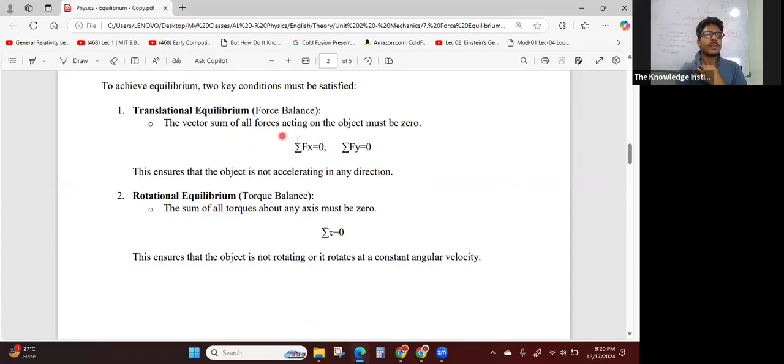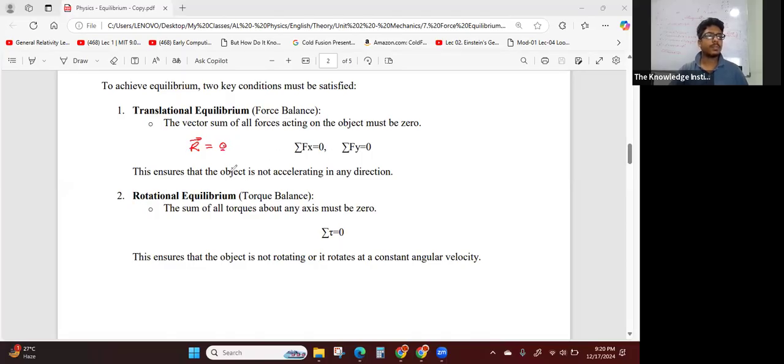The vector sum of all forces acting on the object must be zero. That means the resultant should be zero. So you can write R should be equal to... Here I am writing the vector, so I can't write that it is equal to zero, because a vector cannot be equal to a scalar. If I am writing in vector notation, I should write the null vector.